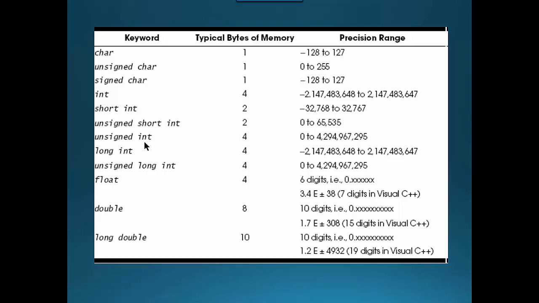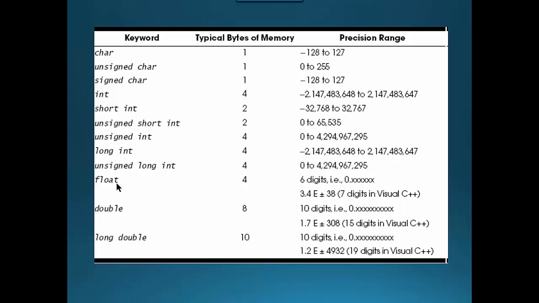An unsigned int is the same as a regular int, except that it doesn't store negative numbers. And then a long int, interestingly enough, is identical to the regular int. So really, if you say int, by default, it's a long int. Unsigned long int basically is the same as an unsigned int.